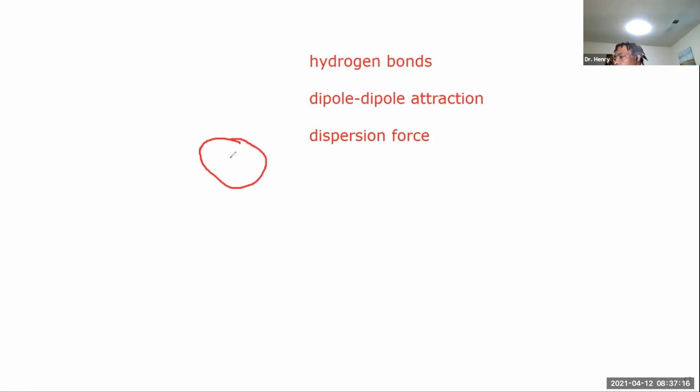And this represents a molecule here. So let's do the carbon and do this. So do you guys remember the electronegativity of carbon and hydrogen?